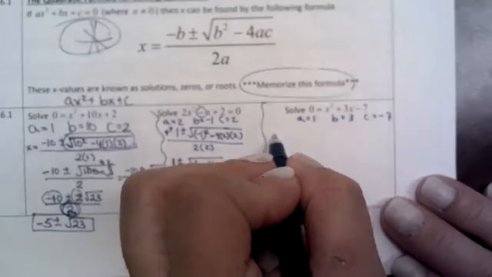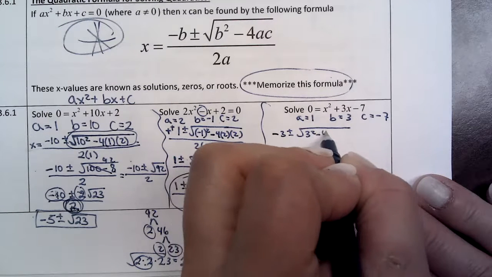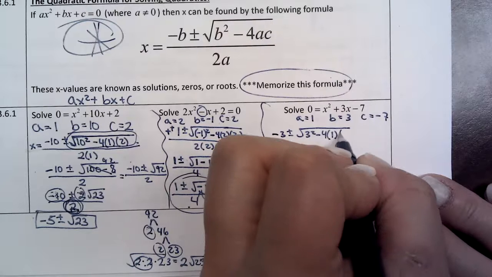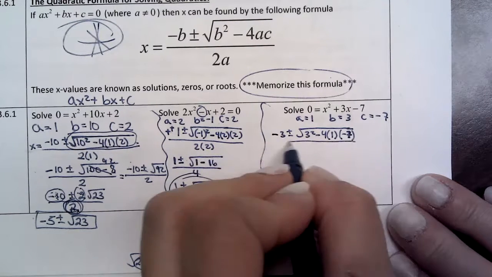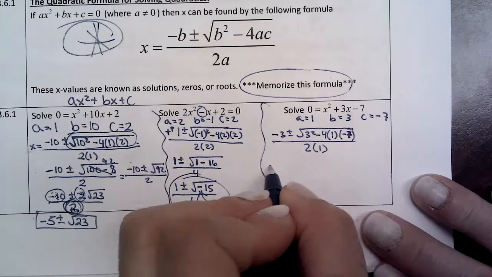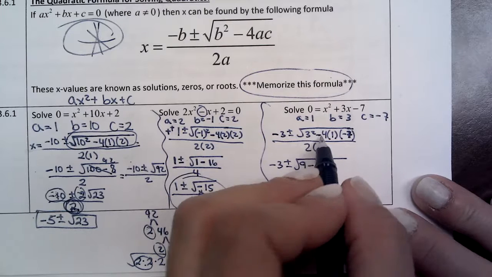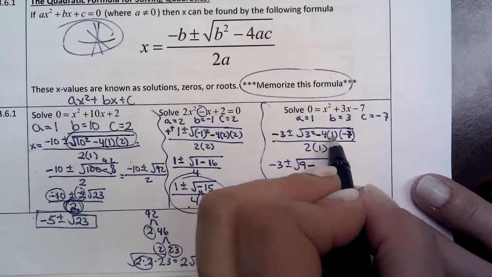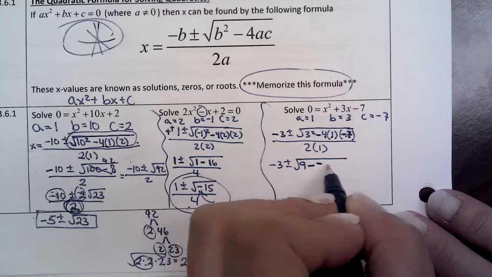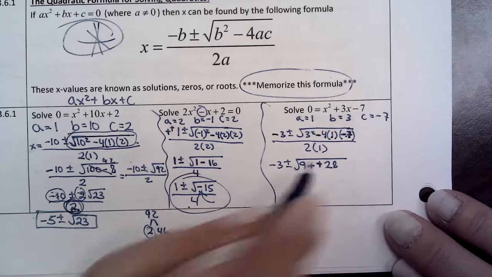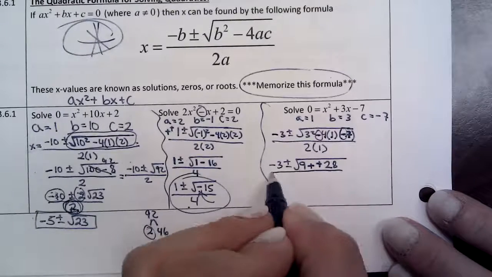So I'm going to have negative 3 plus or minus the square root of 3 squared minus 4 times A times C, all over 2 times A. So negative 3 plus or minus 3 squared, which is 9, minus, all right, now this is where it gets tricky, minus 4 times 1 is 4, times negative 7 is negative 28. So that becomes a positive. You have to pay attention to these signs here, otherwise you're going to get stumped.